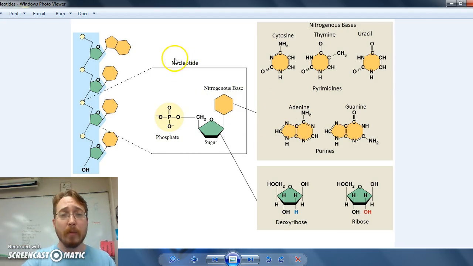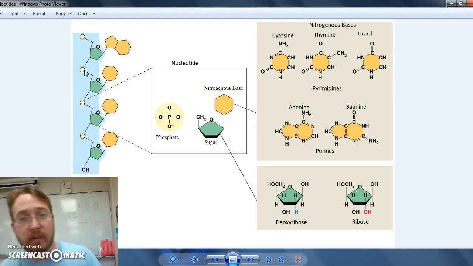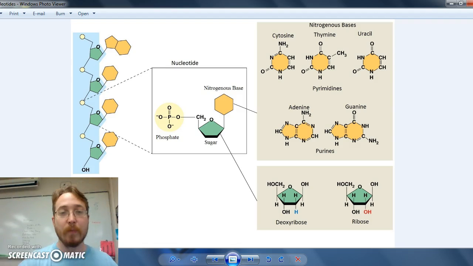So the monomer is a nucleotide, and the polymer is either DNA or RNA. And so we link these nucleotides together in those 50 million chains to make our nucleic acid. Each nucleotide comes with three parts: a phosphate, a sugar, and a nitrogenous base. Now, every single phosphate in every nucleotide, be it DNA or RNA, is exactly the same.